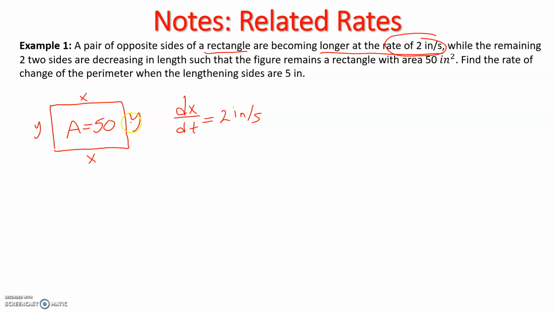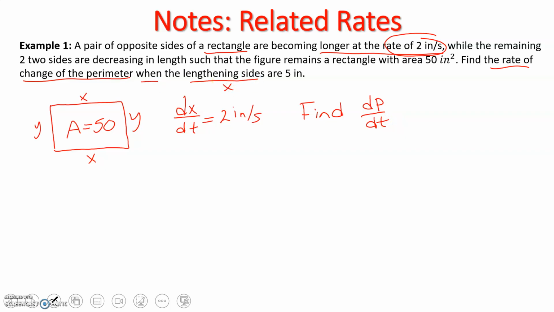We don't know the rate, but we do know they are getting shorter as the sides x get longer, and that the area maintains 50 square inches. We are trying to find the rate of change of the perimeter. So we are trying to find dP/dt. Specifically, when the lengthening sides, that's x, are 5 inches. So when x is 5 inches.